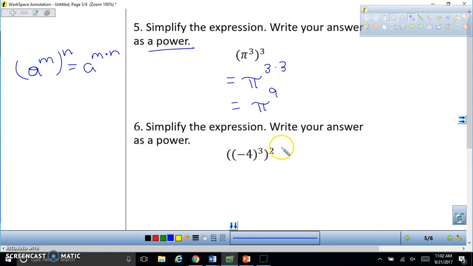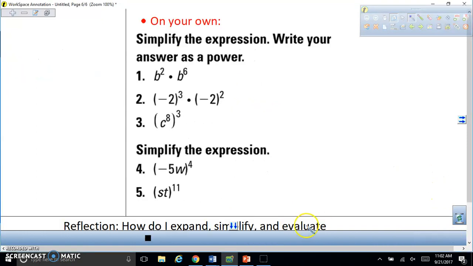Okay, 6. This is also that power of power, not product of power, power of power. So this is going to simplify to negative 4 to the 3 times 2 equals negative 4 to the 6. And we're done. Leave it as a power. All right, let's go to those on your own problems.